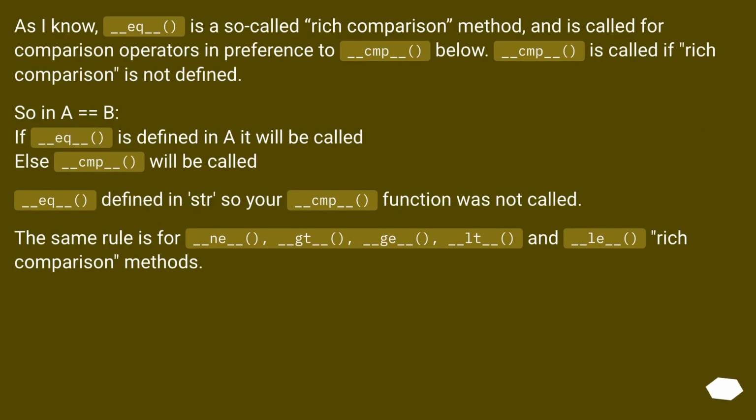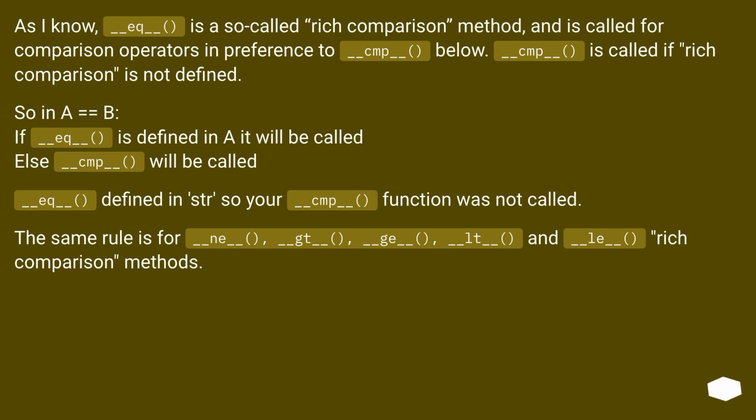As I know, __eq__ is a so-called rich comparison method, and is called for comparison operators in preference to __cmp__, below. __cmp__ is called if rich comparison is not defined. So in a == b, if __eq__ is defined in a, it will be called.